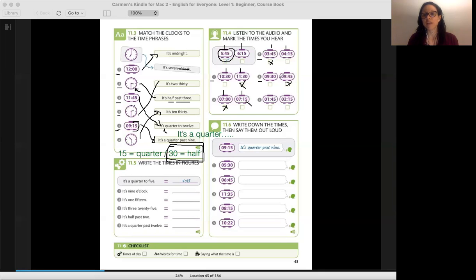It's 9:45. We can also say it's a quarter to 10. And what's this one? Good. It's 9:30. It's half past 9. Either way is okay.